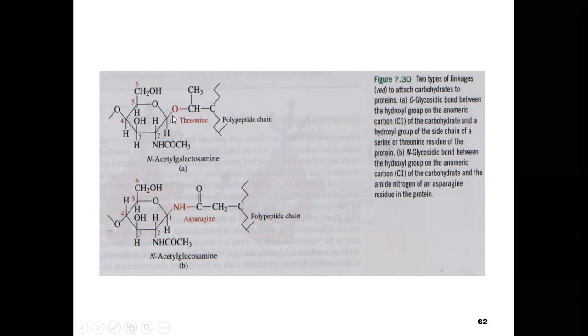In the first example, the polypeptide chain containing the amino acid threonine is attached with N-acetyl galactosamine through the O-glycosidic linkage, and in the lower polypeptide chain the asparagine is attached with N-acetyl glucosamine through the N-glycosidic linkage.